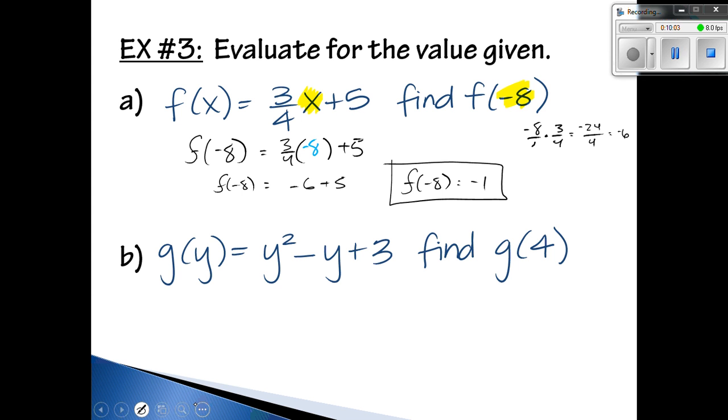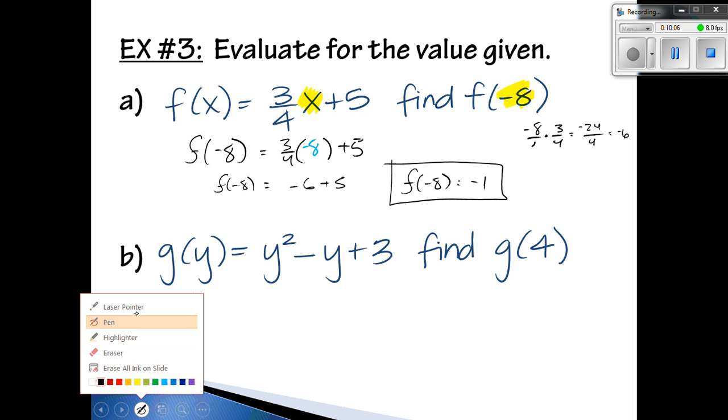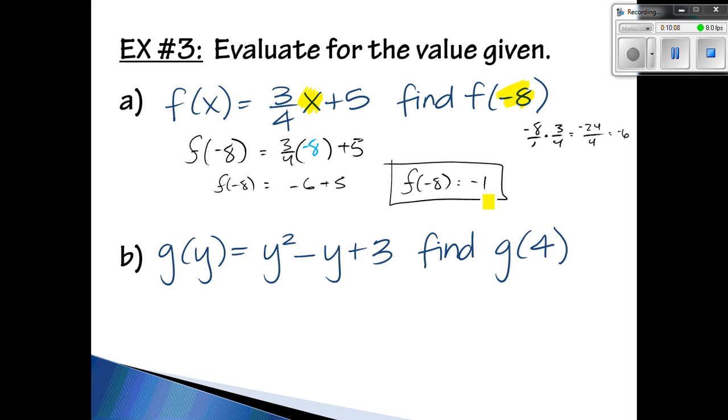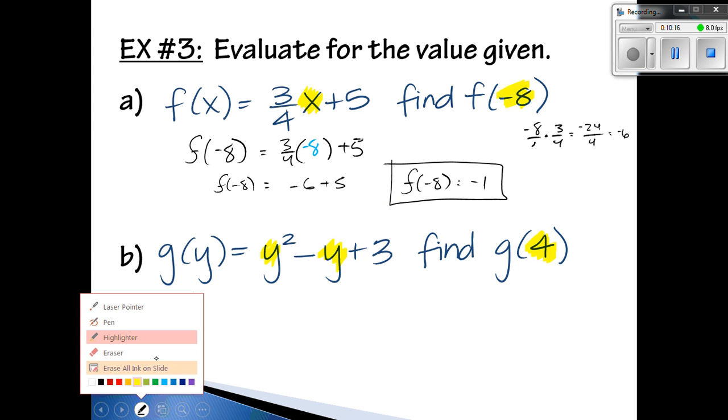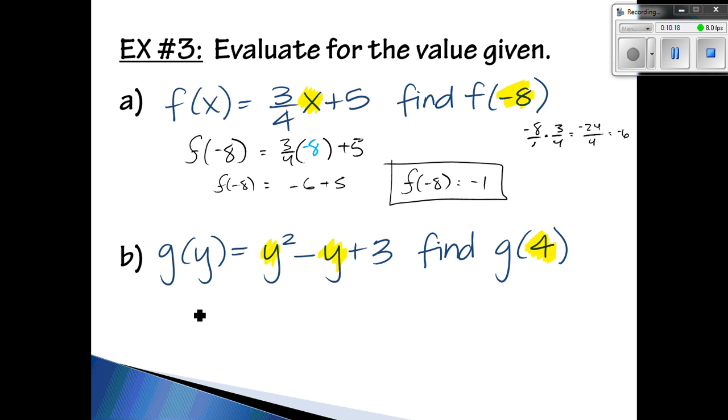Now, it doesn't matter what the variable is or how they're trying to trick you, g of y, they're still saying it's 4, so any place you see a y, go plug in a 4. So we're saying g of 4 equals 4 squared minus 4 plus 3. And we're just using order of operations to solve.